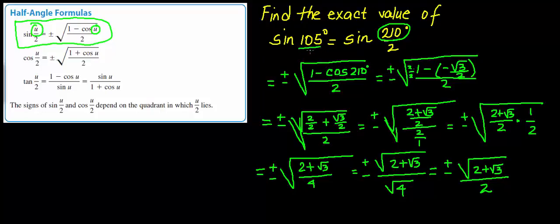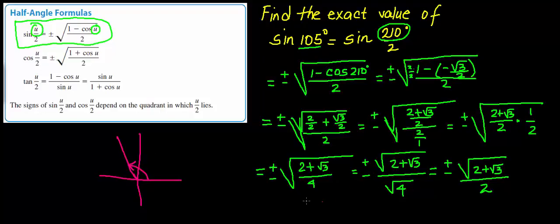So the sine of the original angle, is that a positive value or is it a negative value? Well, 105 degrees is found in what quadrant? 105 degrees is found in the second quadrant. Therefore, the sine in the second quadrant is positive.